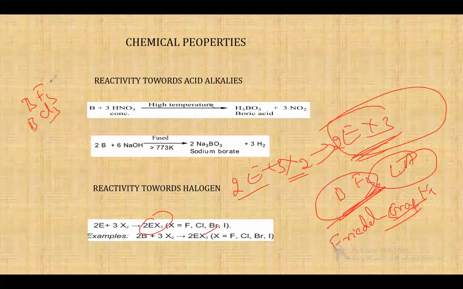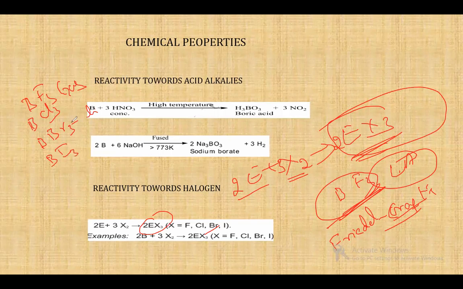Down the group, BBr3 is a volatile liquid, and BI3 is a solid. For boron, the order is BI3 greater than BBr3 greater than BCl3 greater than BF3. That is the order. Are you getting? This is what we discussed in the earlier class.